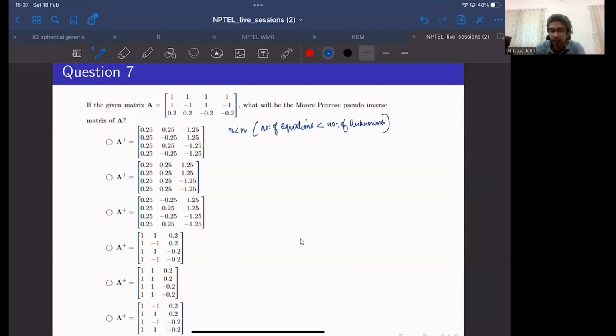For a typical system of linear equations of the form Ax = b, the number of equations being less than the number of unknowns would mean the system is underdetermined. This would basically mean the vector x has infinite solutions.